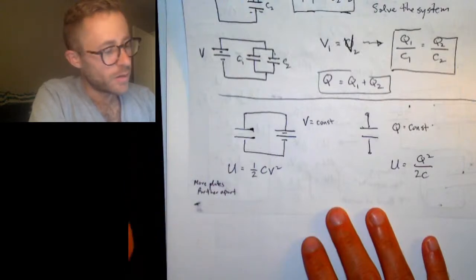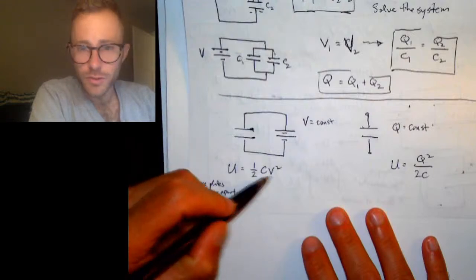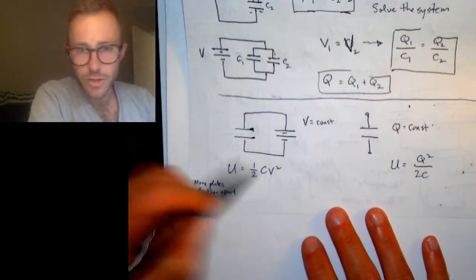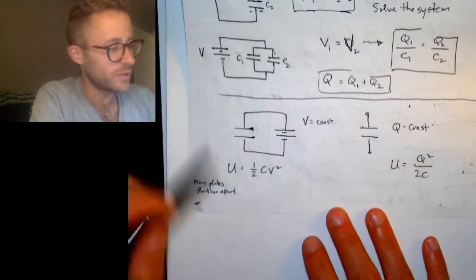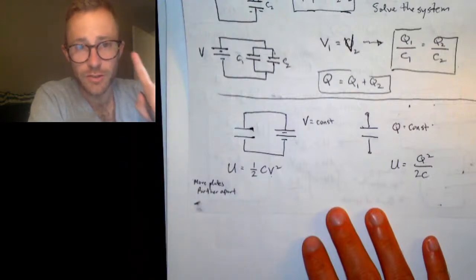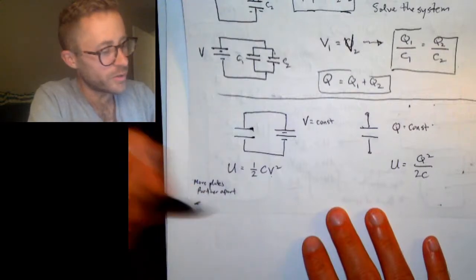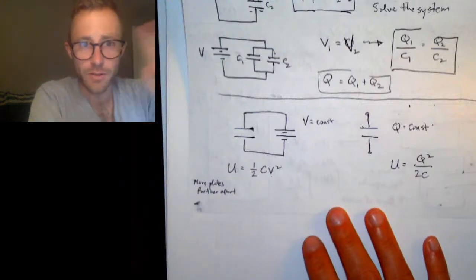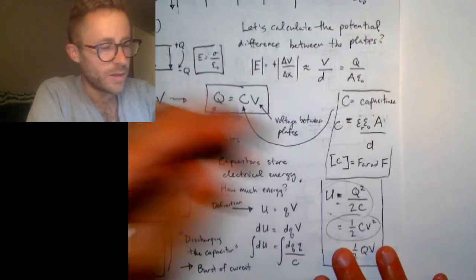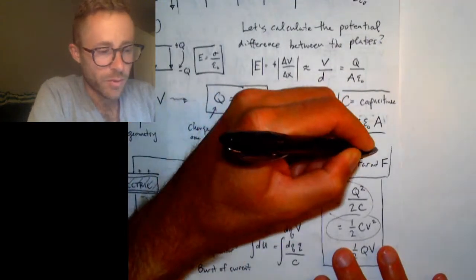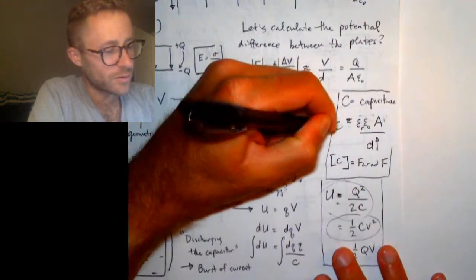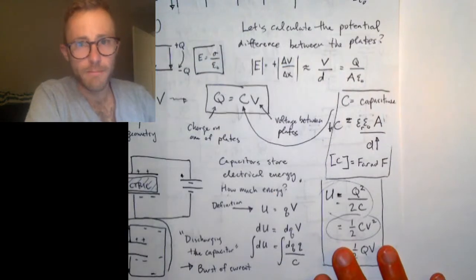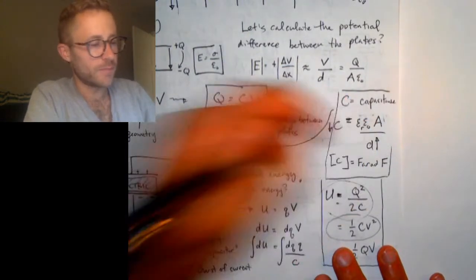So the voltage is constant, so the only thing that can change is C. Or the charge is constant, so the only thing that can change is C. So we have to look at what moving the plates further apart does to the capacitance. I can see right here, if we move the plates further apart, that means increasing the value of d. That means that the capacitance goes down, because it's in the denominator.